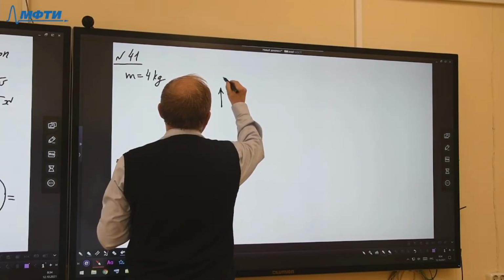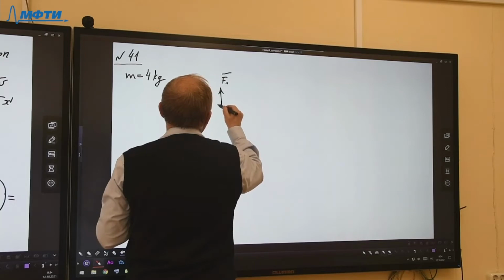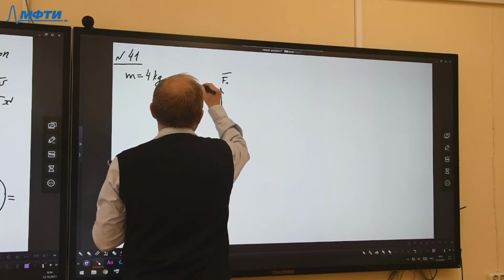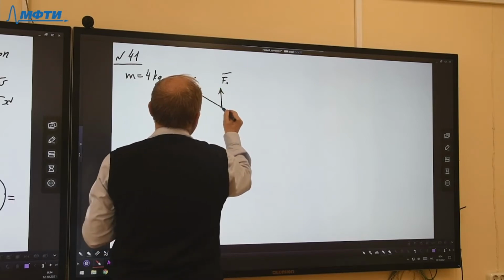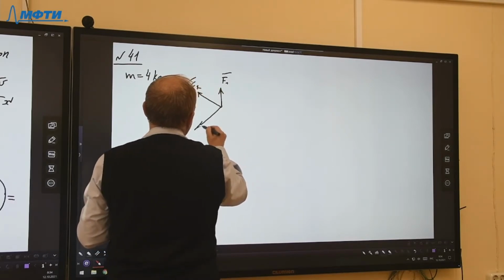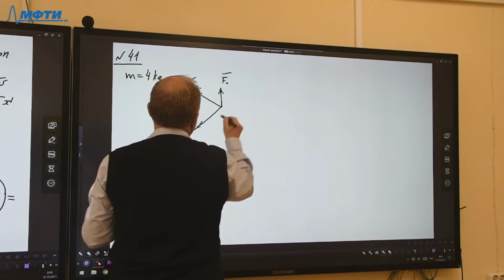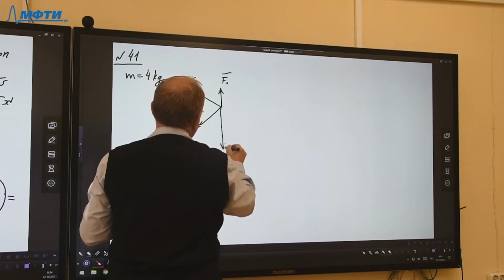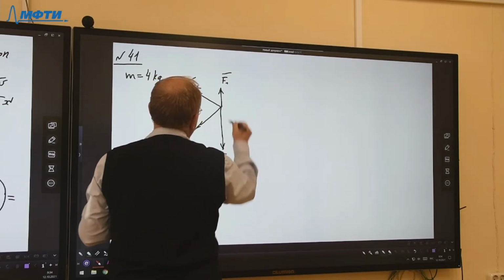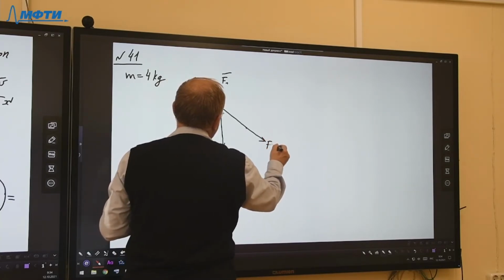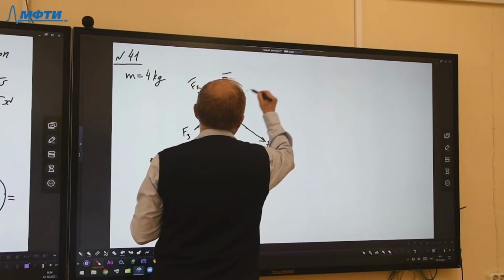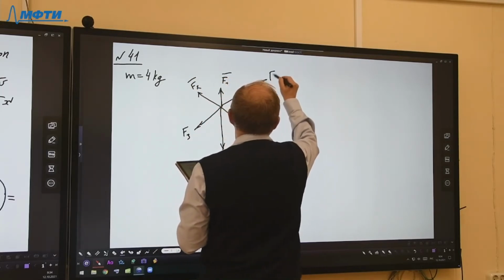Force 1, and at 60 degrees, force 2, and again at 60 degrees, force 3, and here force 4, and 5, and the strongest force 6.